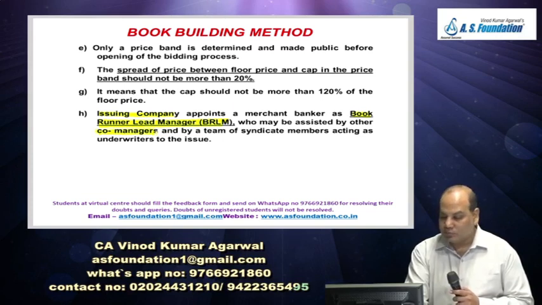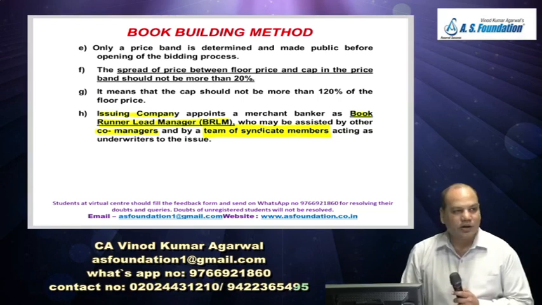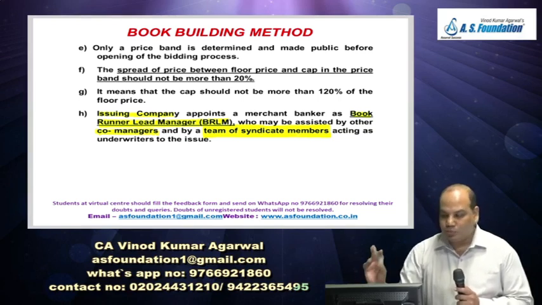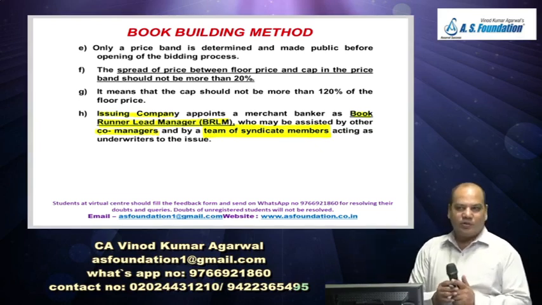Sometimes there are more book runners and a team of syndicate members. So these are basically those other people who help the book runner lead manager, acting as underwriter to the issue. So under the book runner you have syndicate members.